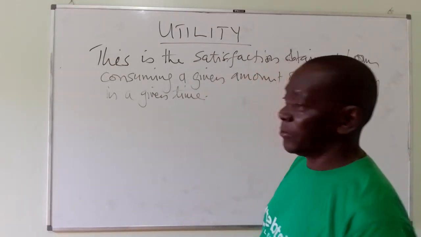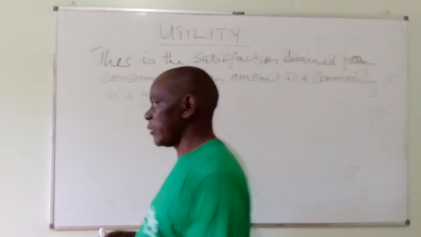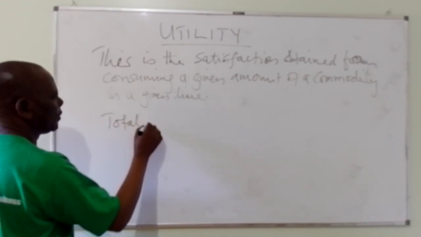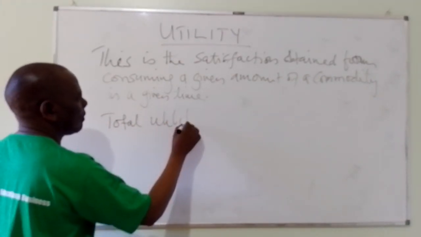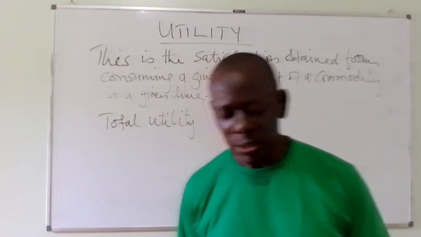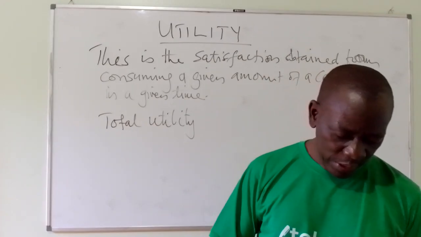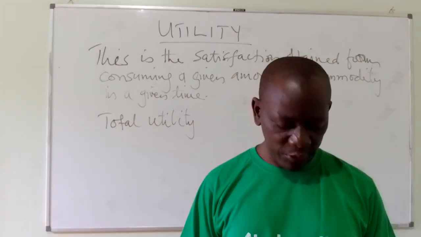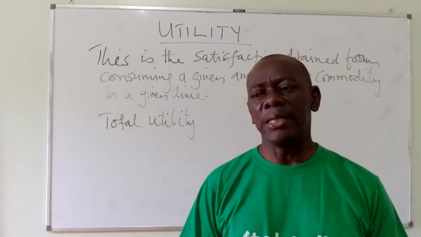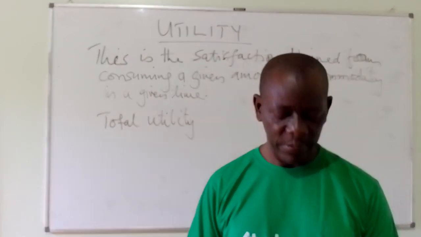Now, in utility, we have two major terminologies that we use. We have what we call total utility. Total utility is the overall amount of satisfaction an individual derives from consuming a given commodity in a given period of time.